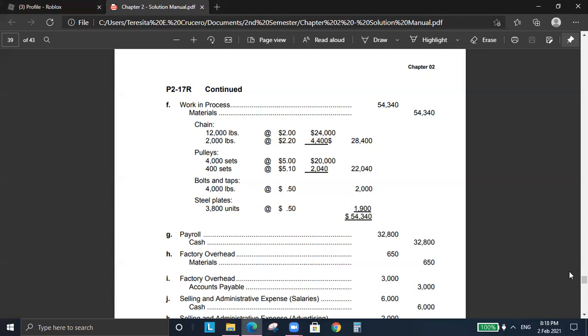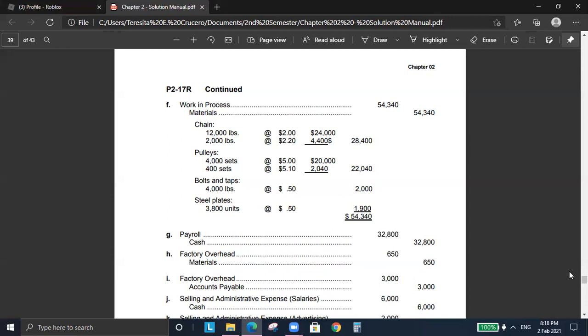Now, another material used is steel plates. Used is 3,800 units, and this only came from the beginning inventory. Beginning inventory of 4,000 units, total cost of 2,000, meaning the cost per unit is 50 cents.